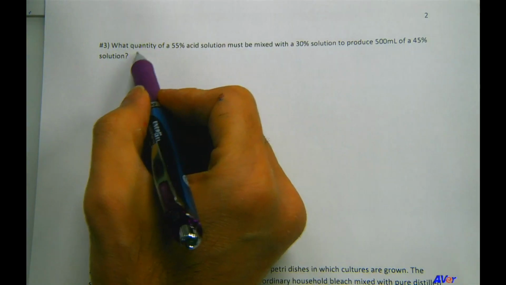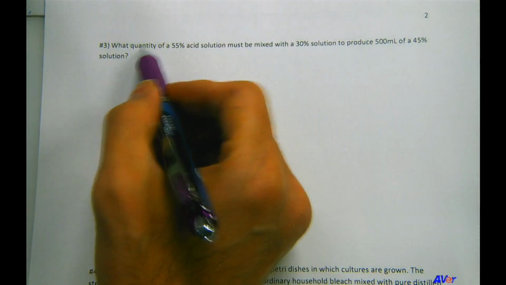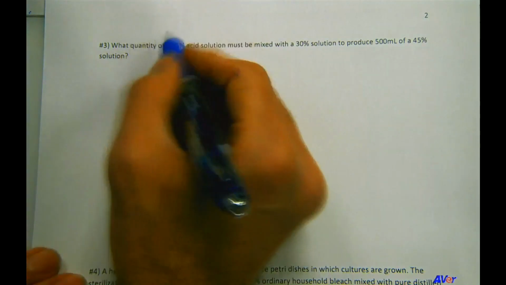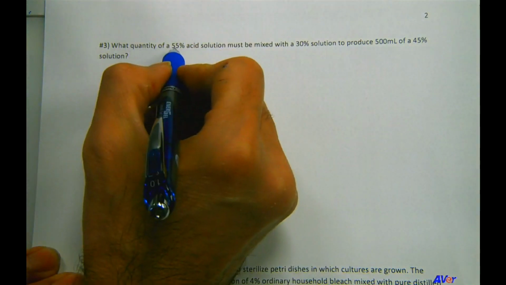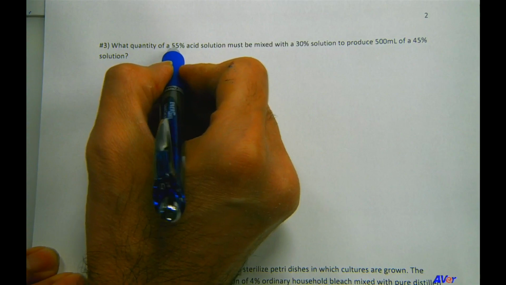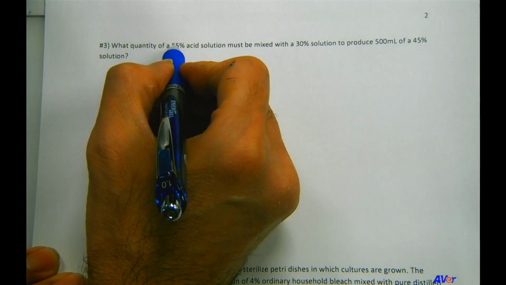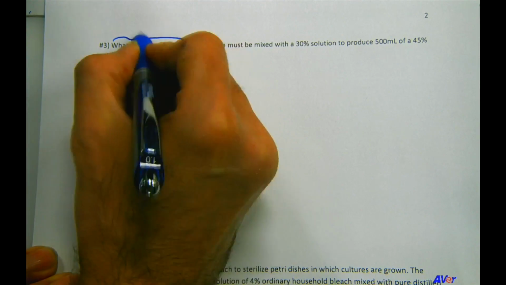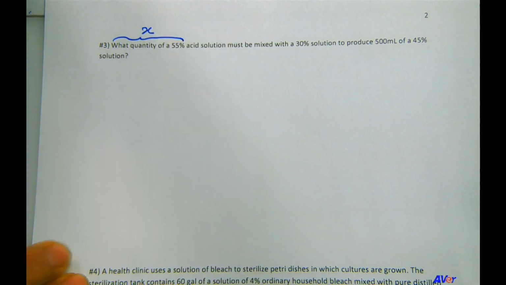So let's give it a variable. We have to introduce variables in a word problem. What quantity of a 55% solution? So I want to give that to, say, x. We assign that to x variable.